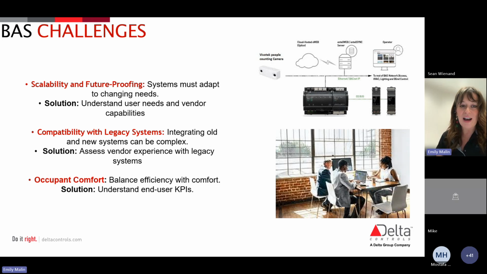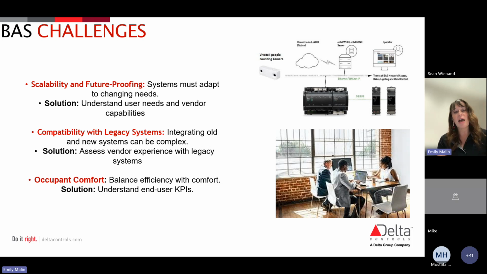And that final challenge, again, I've kind of given you guys a little bit of a twofold, because occupant comfort was also a benefit. But if you think about it, occupant comfort can also be a challenge, because now you as a building owner have to create a balance of your building's efficiency with this occupant comfort that is now readily expected in our industry.